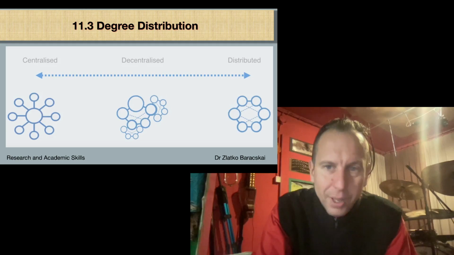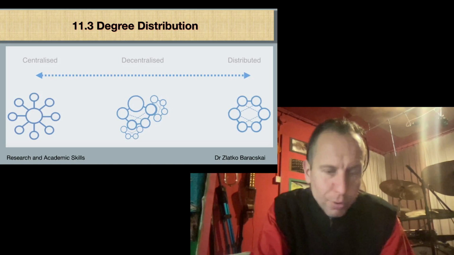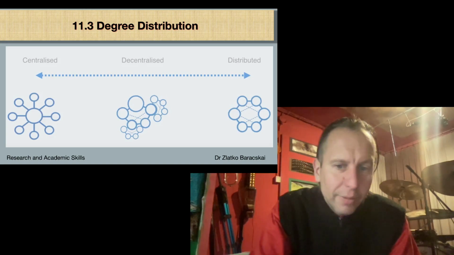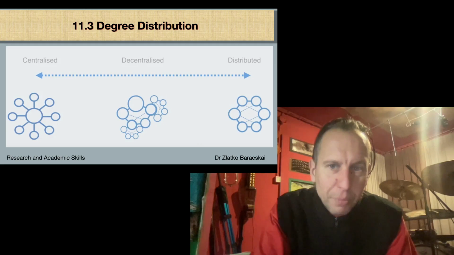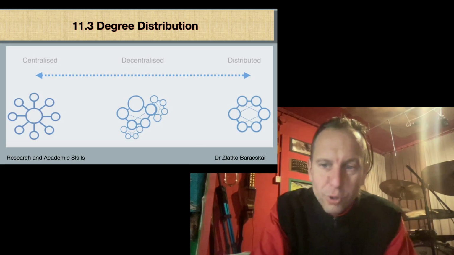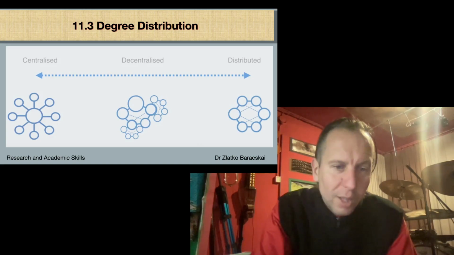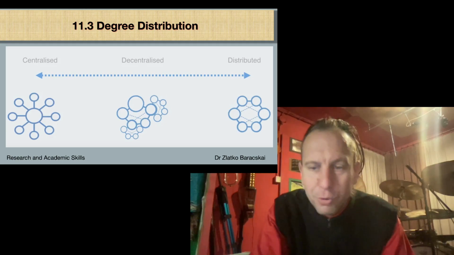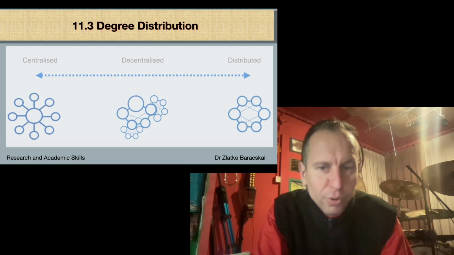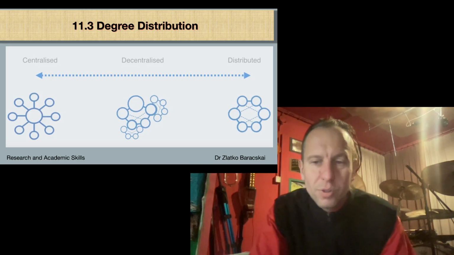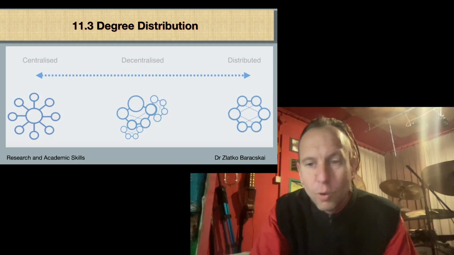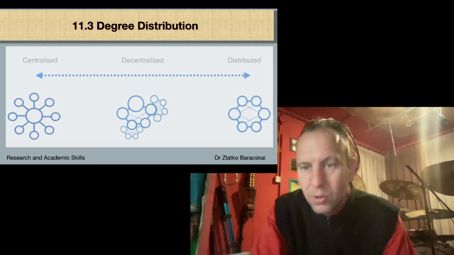So in classifying networks, we look at degree distribution, and we have a kind of continuum from centralized networks to distributed networks. So with centralized, each node connects to the center, pretty much. With distributed, there is no center node, and there is dense connection between all the nodes among themselves.